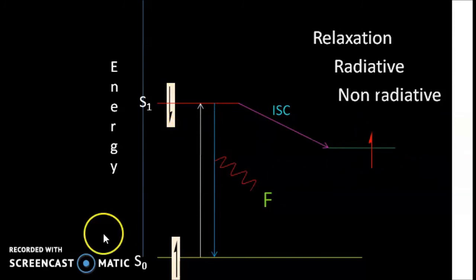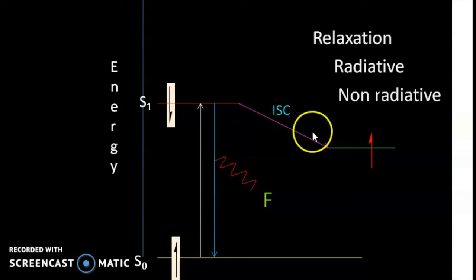So here the ground state electron and the excited state electron have parallel spins. Hence, this will be in the triplet electronic state. Now, this triplet state will have a lower energy, and hence it will be lower than the singlet excited state. So this is called the triplet excited state 1.